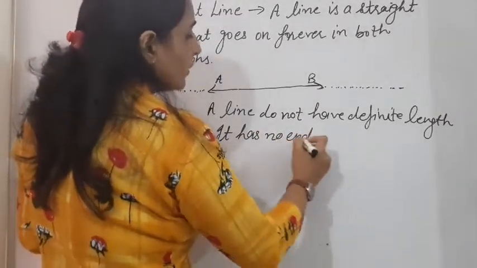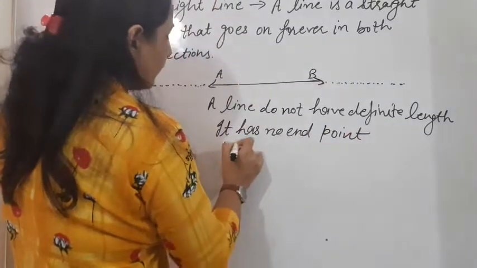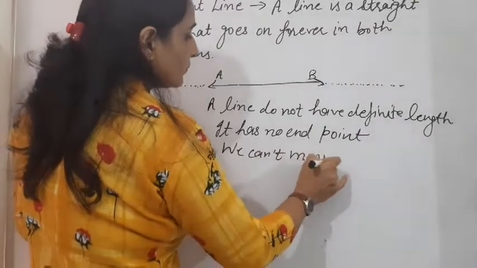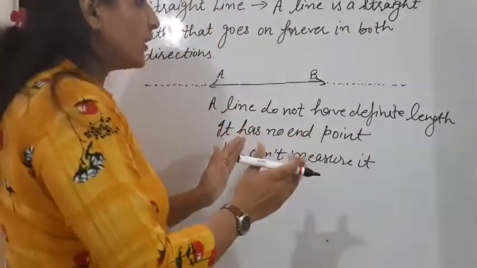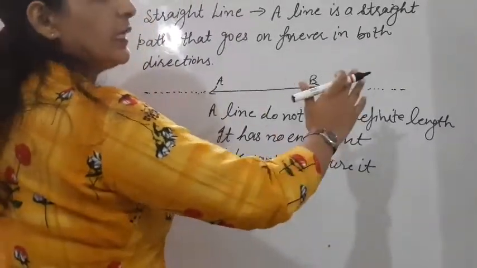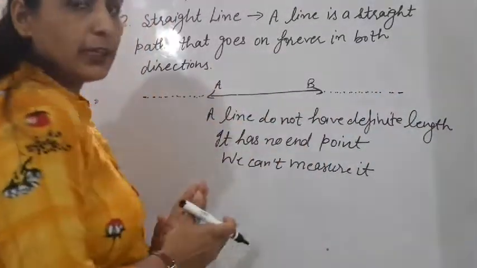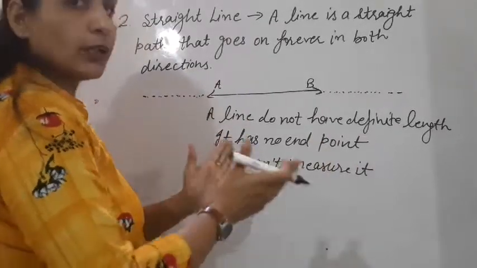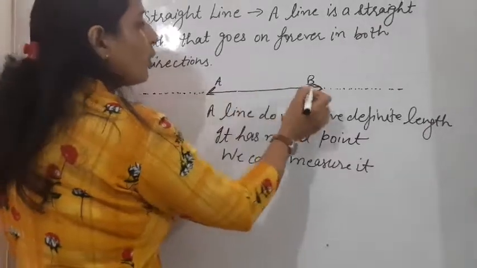Why can we not measure it? Because it doesn't have a definite length. It continues moving in both directions. So it has no end point and we cannot measure it.